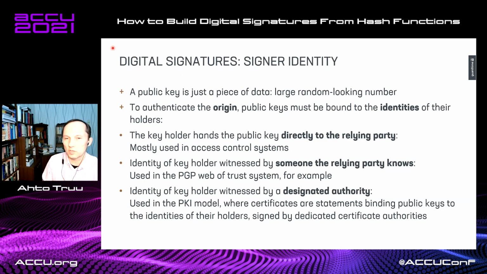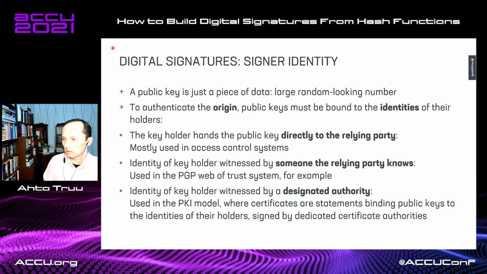In most crypto systems, this is a large random looking number. And if we want to authenticate the origin of the data, then we must have some way of binding a public key to the identity of the key holder or the key owner.